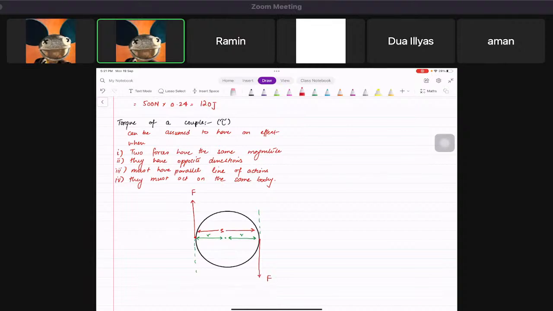Now, moment is force times the perpendicular distance, which is r.